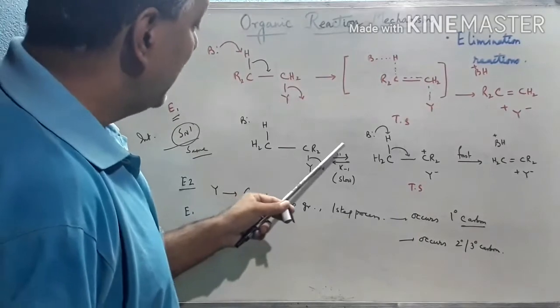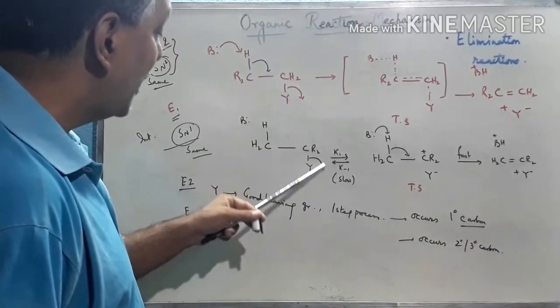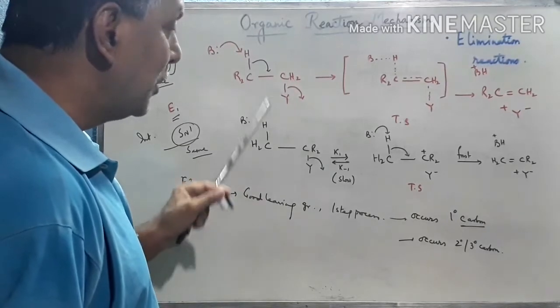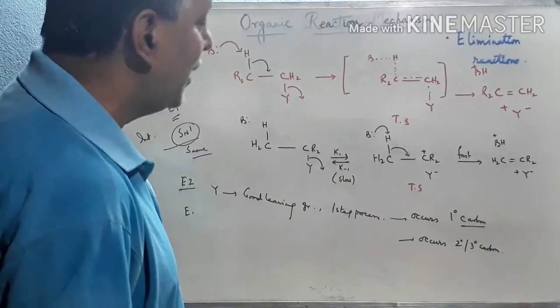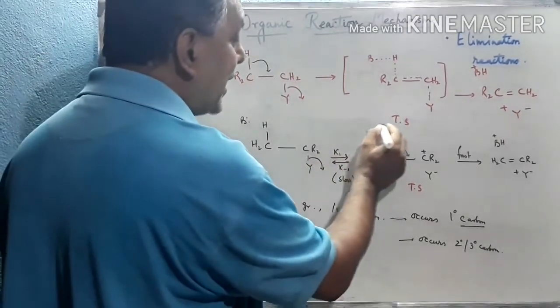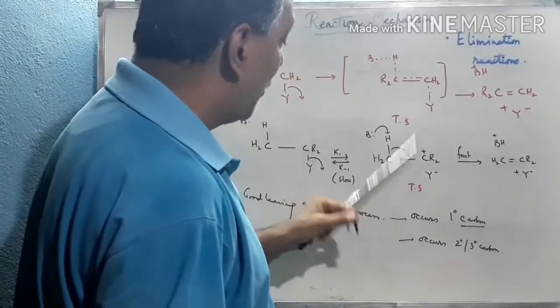The first step is the rate determining step. It is a slow step and maintains an equilibrium. First the leaving group Y minus dissociates to form a carbocation, R2C plus. Then the base attacks this hydrogen to form BH plus and forms a double bond here.